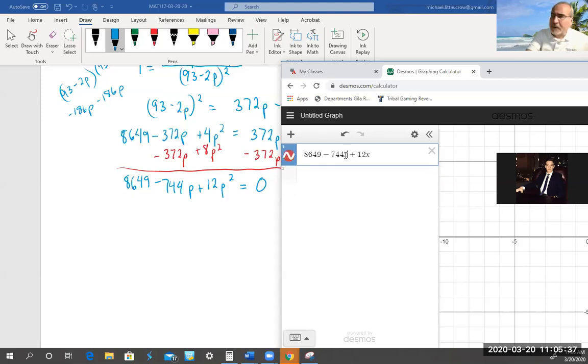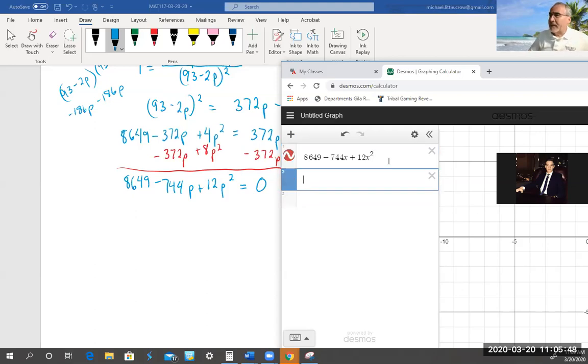P might work, I don't know if it does with Desmos, but I'll play with that some other time. Let's see, did I get all that right? There we go.